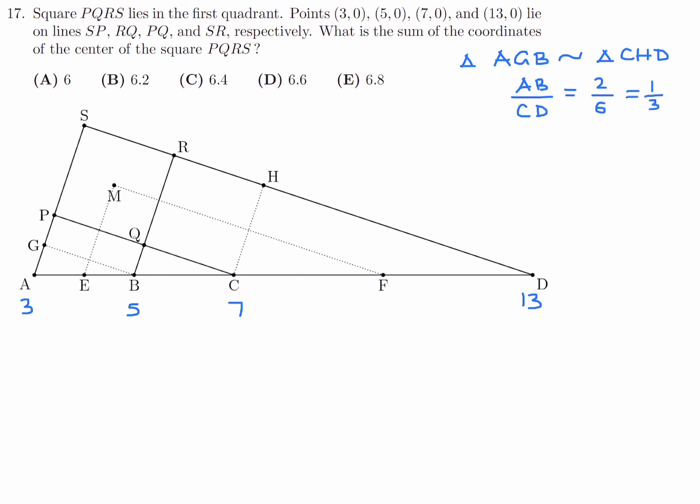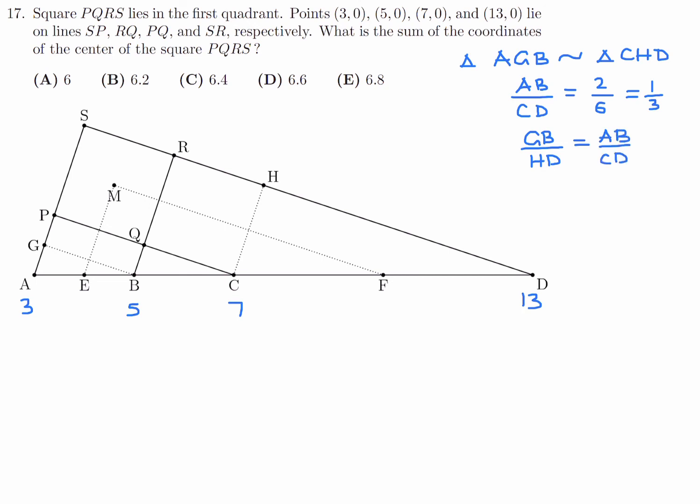And then similarly, we can do the same kind of comparison with the other sides. For example, GB over HD will be equivalent to AB over CD.